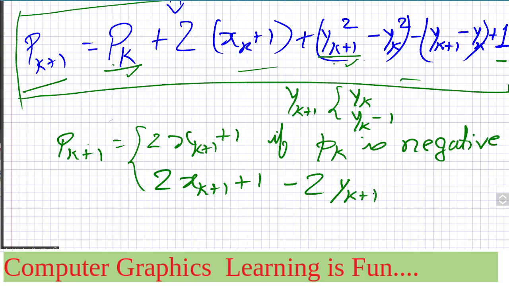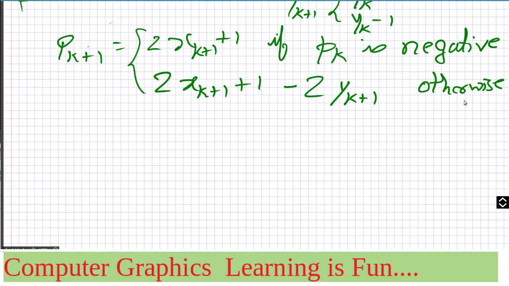Okay, if at all it is otherwise, let me write it otherwise. So this is what you get here. Now there is 2xk plus 1, 2yk plus 1.